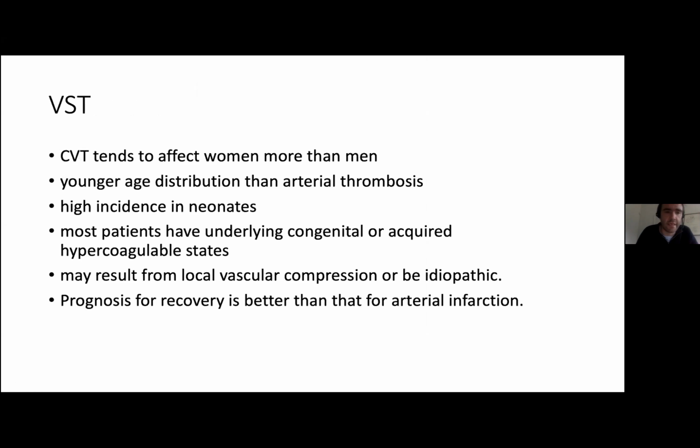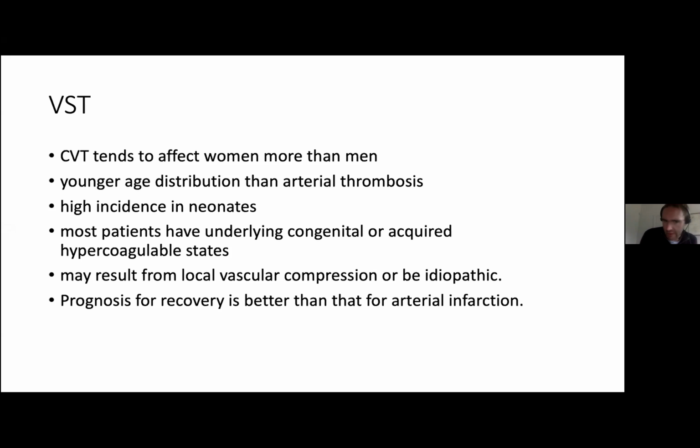So venous sinus thrombosis tends to affect more women than men. There's a younger age distribution than people that present with arterial thrombosis leading to stroke. Quite a high incidence in young babies, neonates, premature babies.